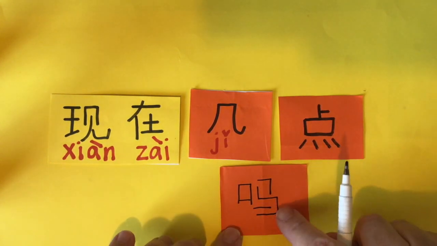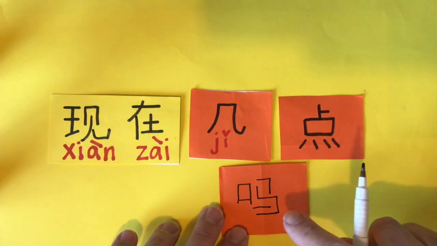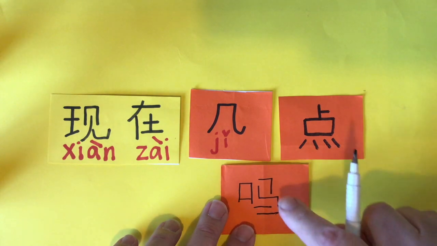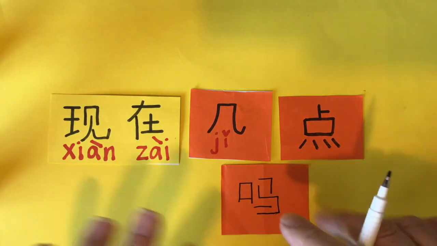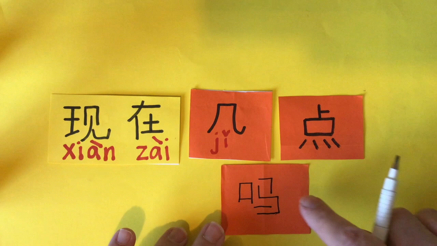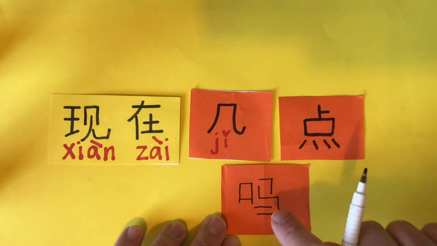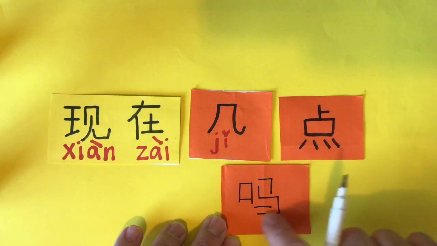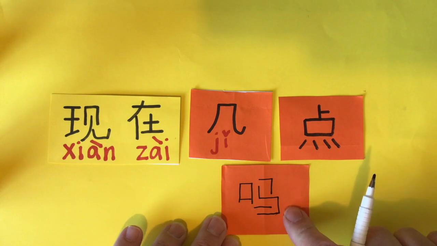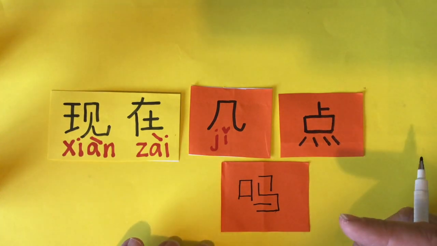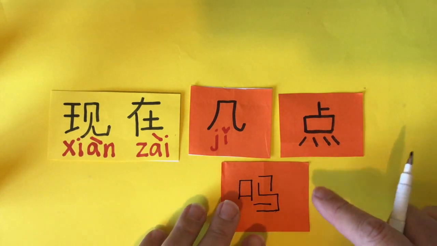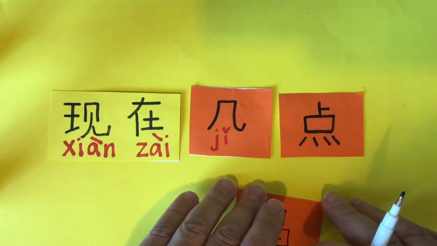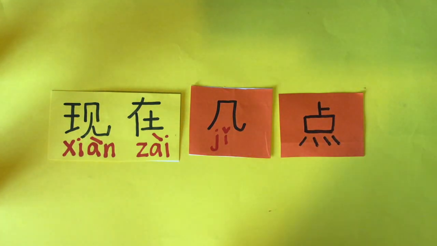Ma is like adding a question mark on the end of a statement. What ma does is turn a statement into a question. So a lot of people, I find, are so used to having ma as a substitute for a question mark, knowing that Chinese don't use question marks in traditional Chinese, that when they come across other sentences that are obviously questions, they think, where's the ma?